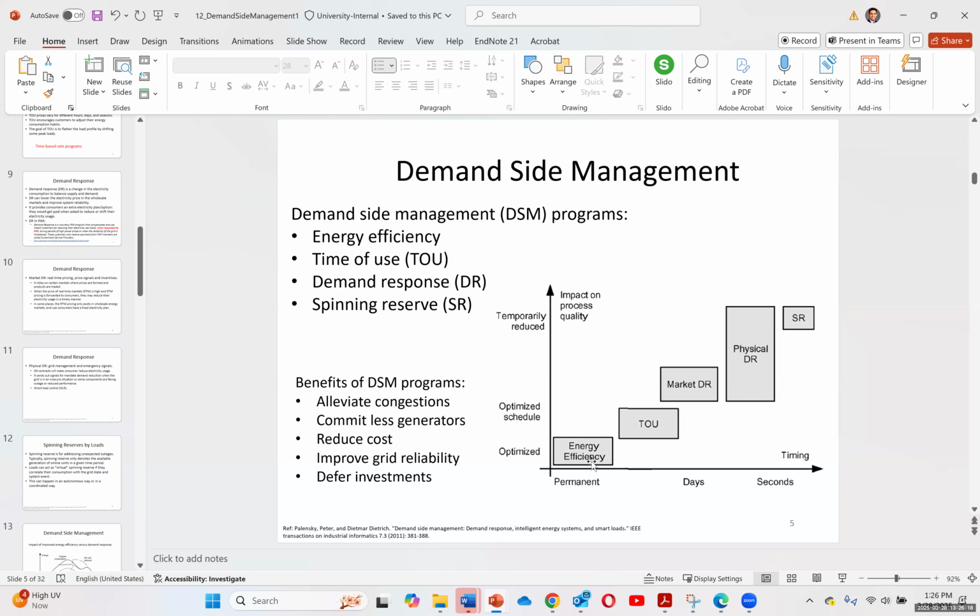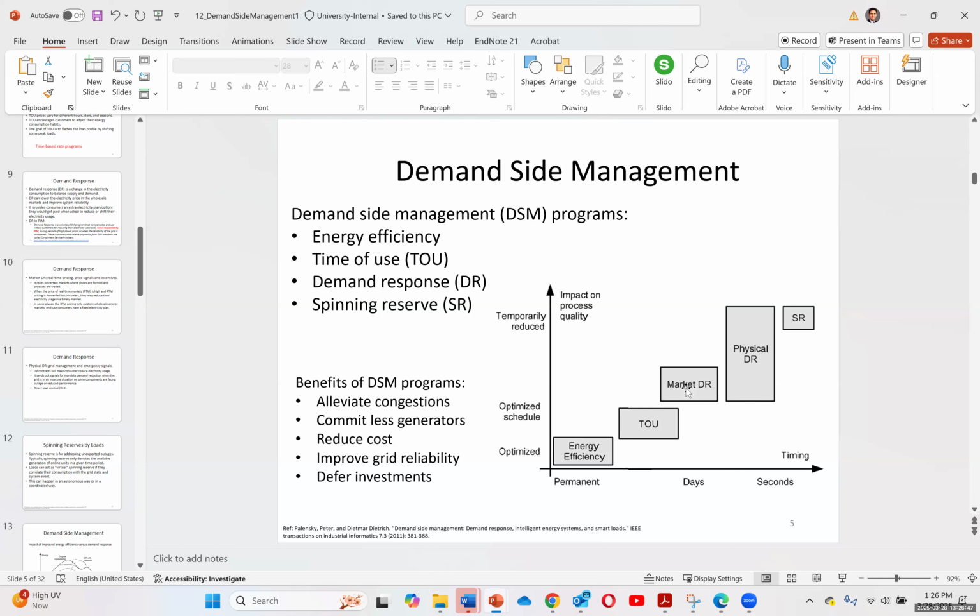You can see how much impact each has, the timing and the impact that we have. For example, energy efficiency reduces the overall graph. Time of use reduces the peak hours. The demand response also manages peak hours. And then we have the spinning reserves, which kick in when we have a high demand.